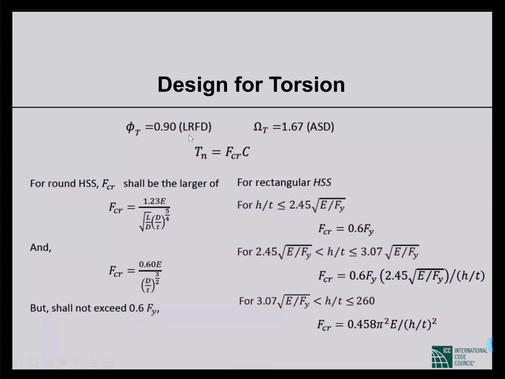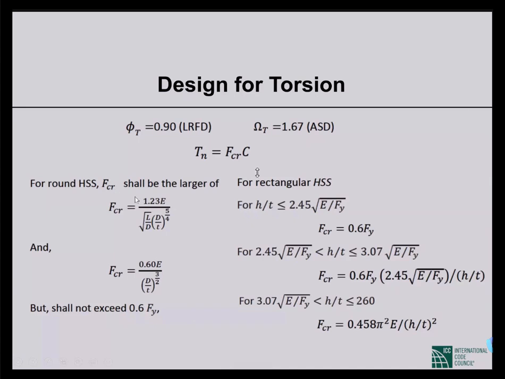Now, torsional capacity is simply the FCR, that is the elastic buckling critical capacity, multiplied by the torsion factor, C. So it reduces this FCR by an amount, which is C. Now, there are expressions for round. Remember, when we expect torsion, we usually use HSS, hollow structural sections, box sections.